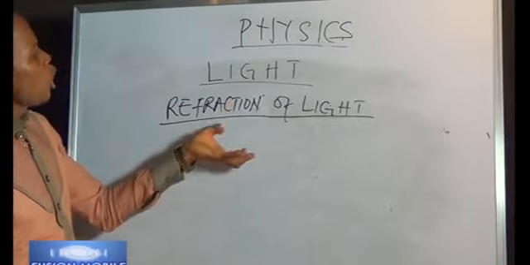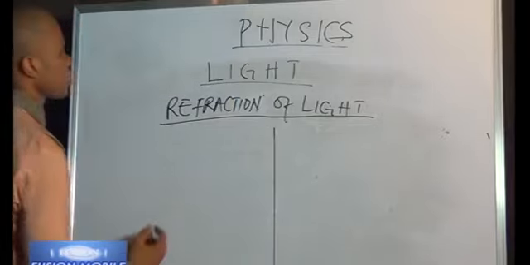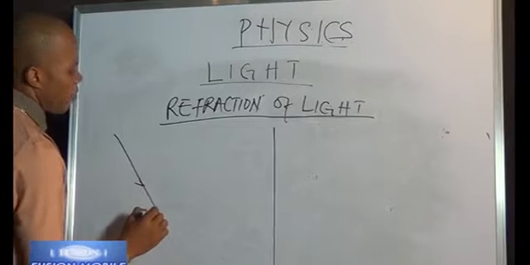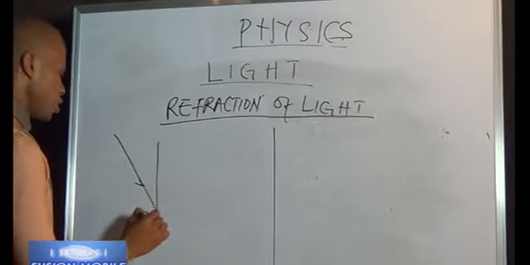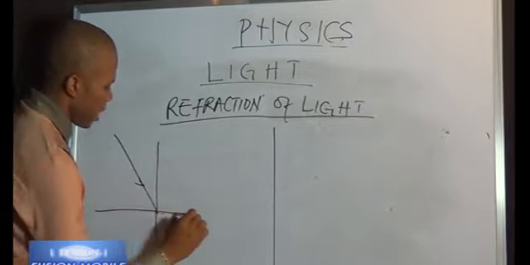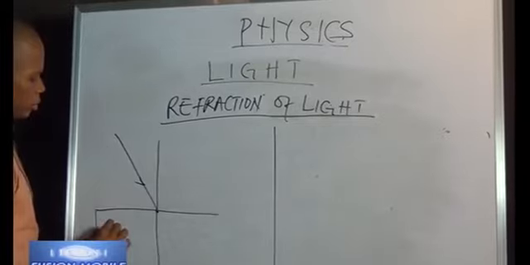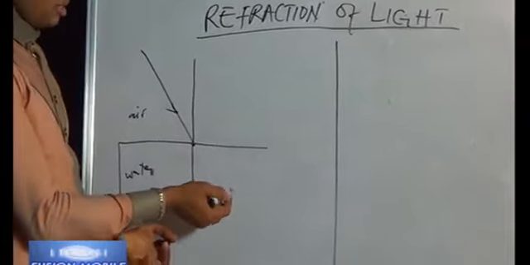And there are two laws governing refraction of light. The first one states that the incident ray, the refracted ray, because if I have this to be the normal and this is my plane, for example water now, and this part is air, and we have this.